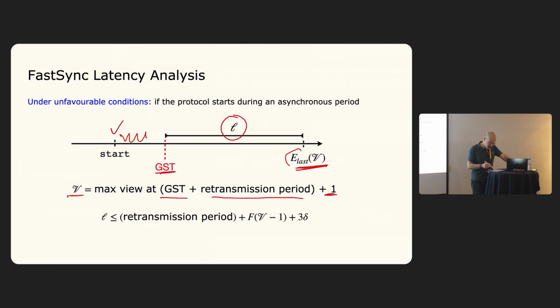So this latency is going to be the retransmission period plus the timeout in the view before the good one, plus 3 delta. Why is it 3 delta? Because some process wants to advance to the next view, so it sends a message, and then another 2 delta is needed for everyone to get to that view. So we also have a nice bound here.